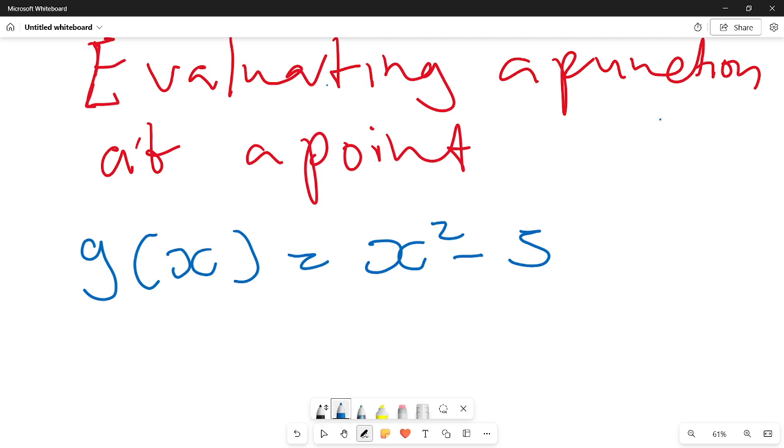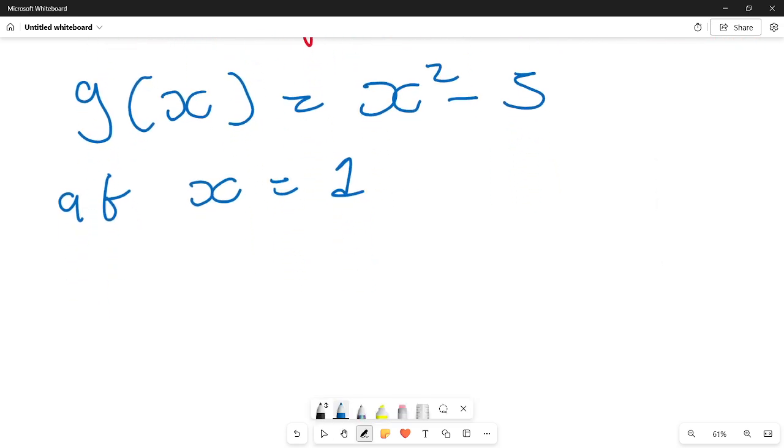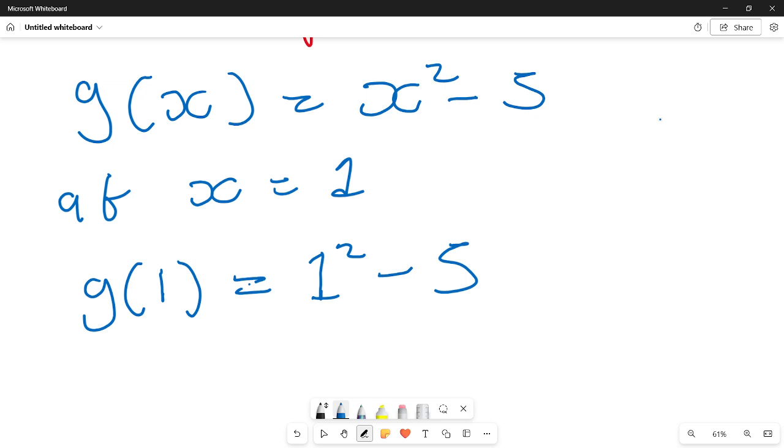And if we are interested in evaluating this function at a point x equal to 1, we are going to have g of 1, which is equal to 1 squared minus 5, where there's x we put 1, which will give us negative 4. So this is basically evaluating a function at a point.